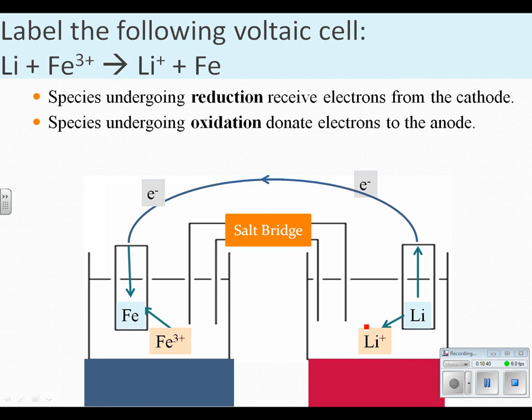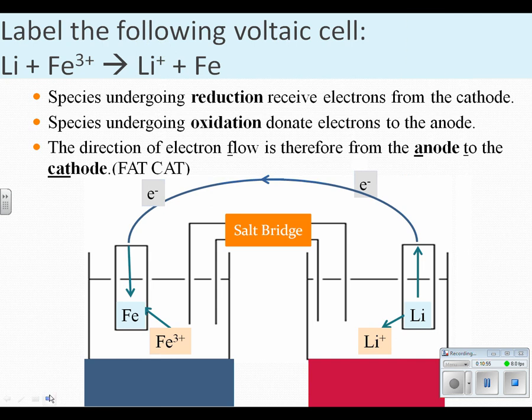Those lost electrons are going to travel from the lithium over here, because the iron is going to gain the electrons when it becomes Fe. So the direction of the electrons is always from the anode to the cathode.